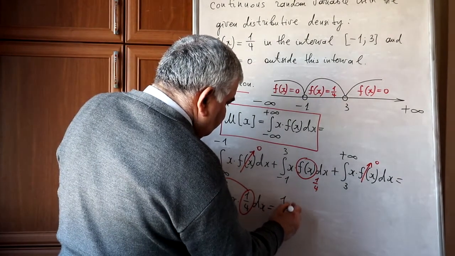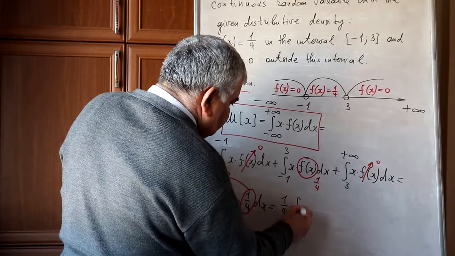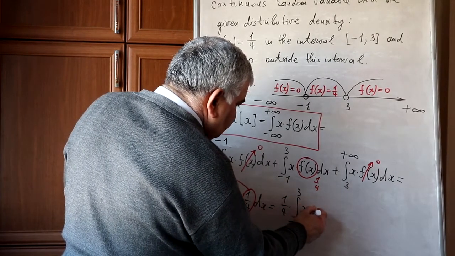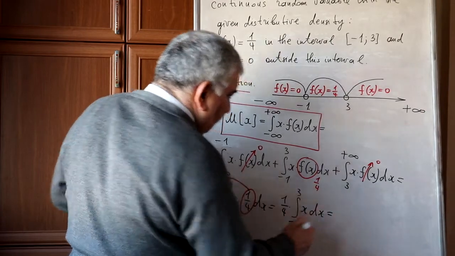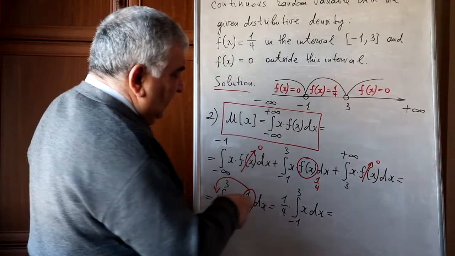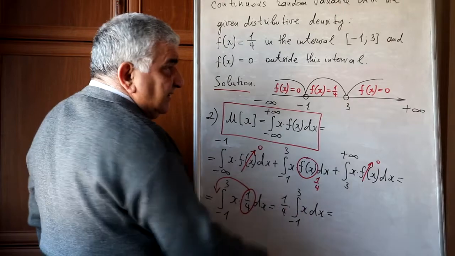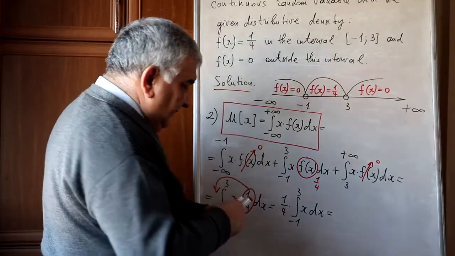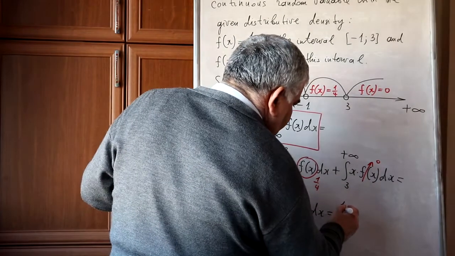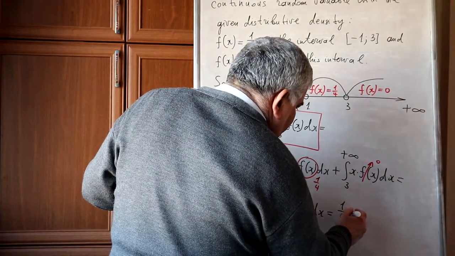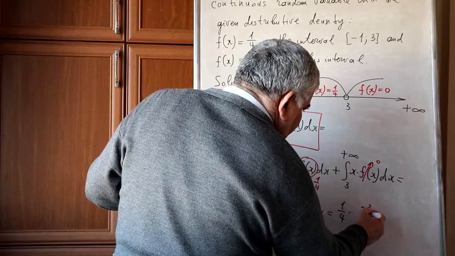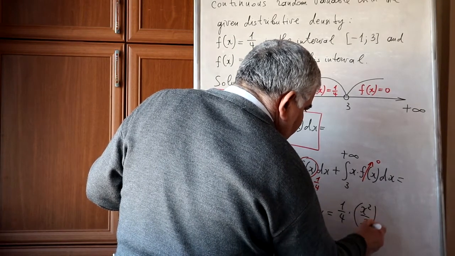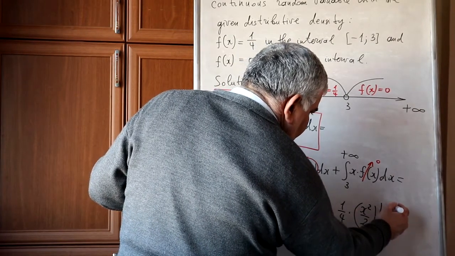1/4 multiplied by integral from minus 1 to 3 of x dx, and here the integrand is x and its antiderivative is x squared in half. 1/4 multiplied by x squared in half, with double substitution from minus 1 to 3.